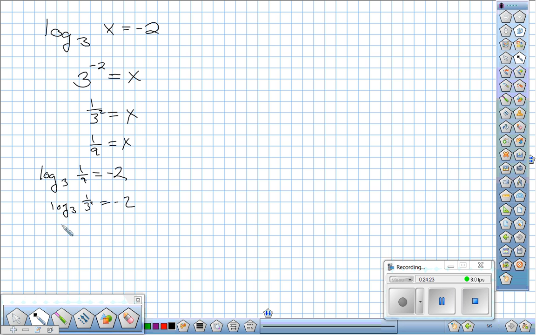Since it's in the denominator, I'm going to bring it back up, and my exponent will be negative 2. So I have 3 to the negative 2. I bring that negative 2 out front, and I have negative 2 times log base 3 of 3, which goes to 1. Good, that checks out.